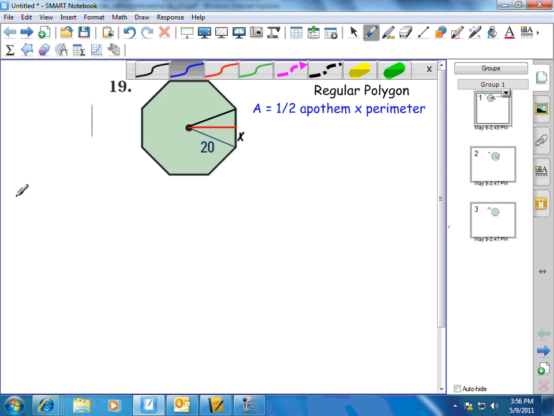The central angle is going to be 360 divided by 8, which is 45 degrees. And the apothem is going to cut that 45-degree angle in half, so this angle measurement here is 22.5 degrees.